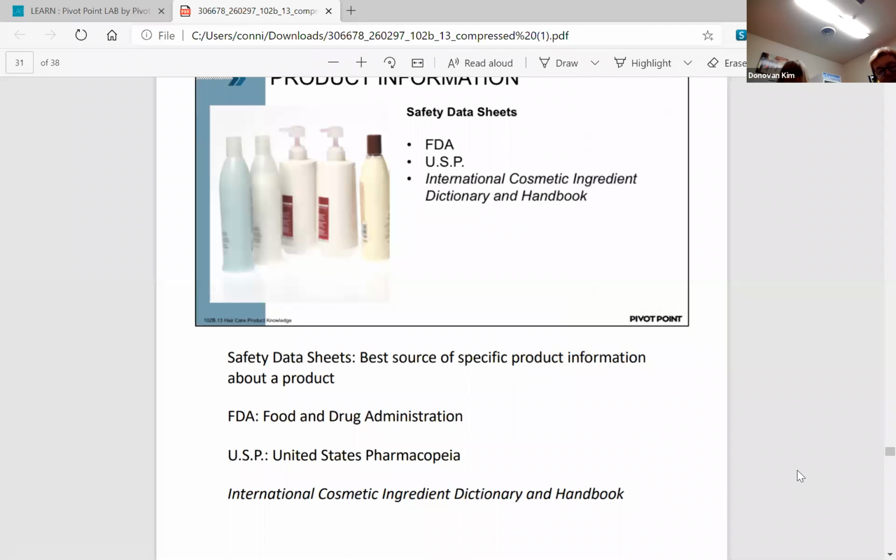So the United States Pharmacopoeia is a book that lists all the standardized drugs. You would not believe, when I was in pharmacy tech school, I've never seen a book so big in my life. And that was just one of them. There's like five of them. They're so huge.